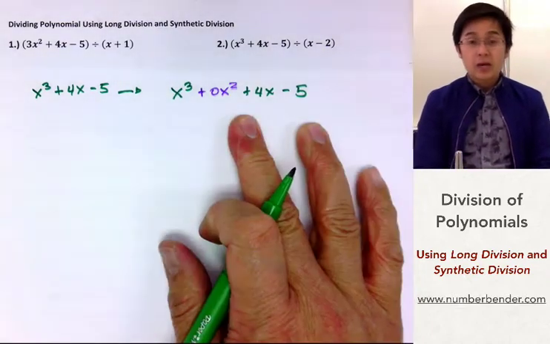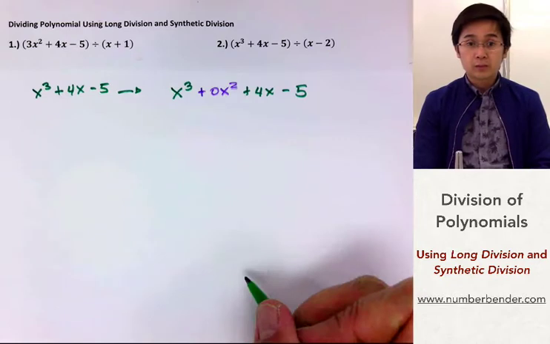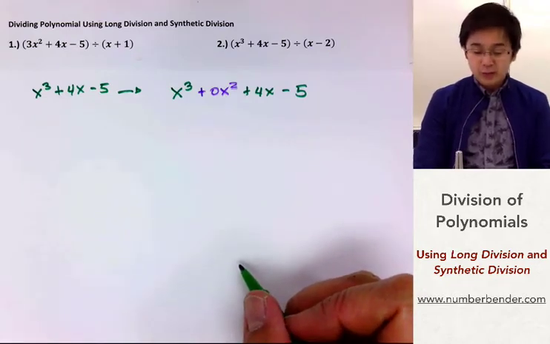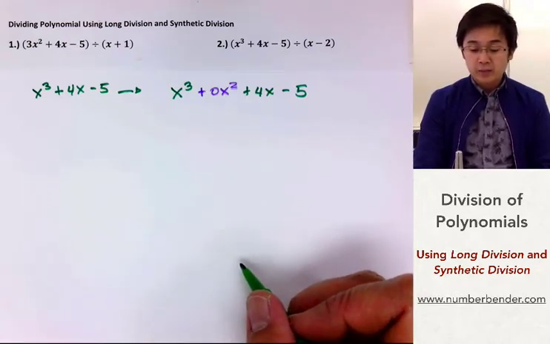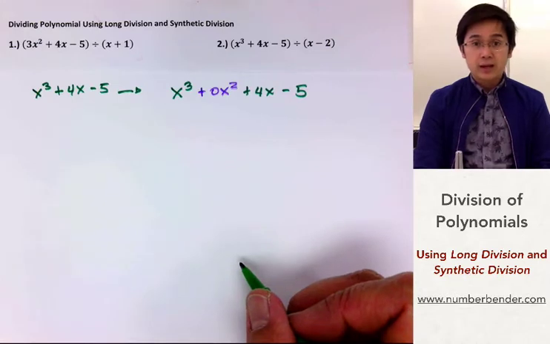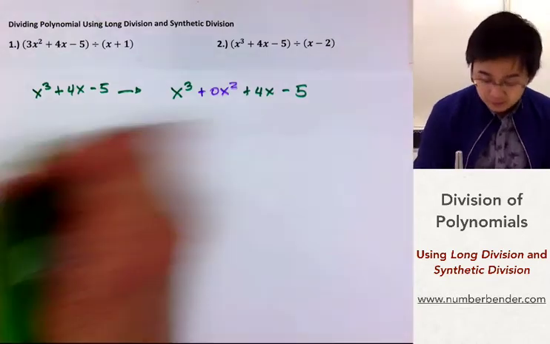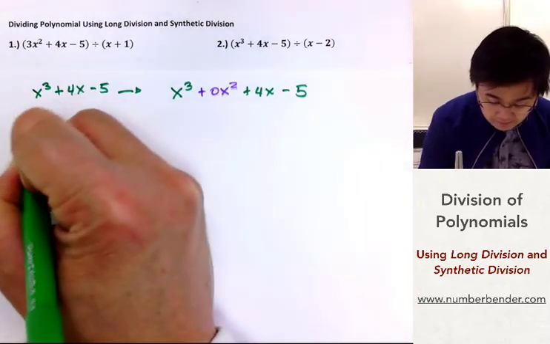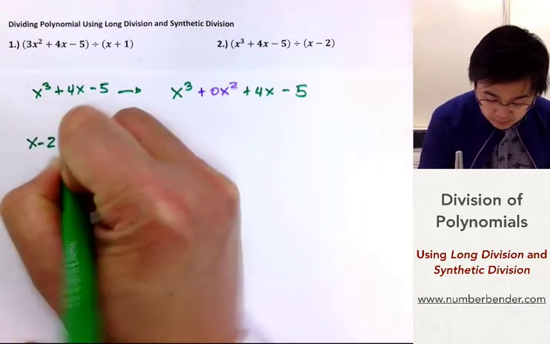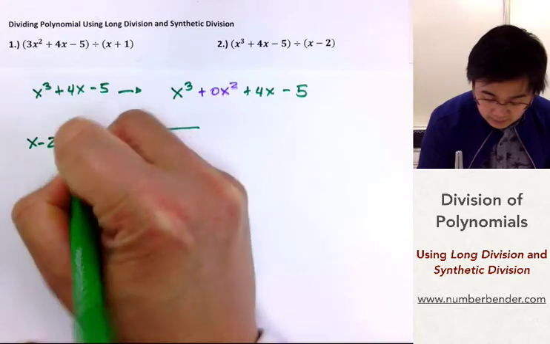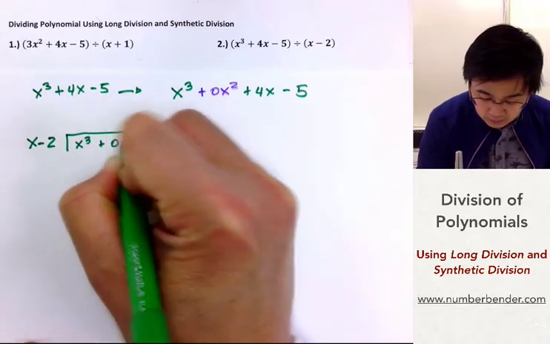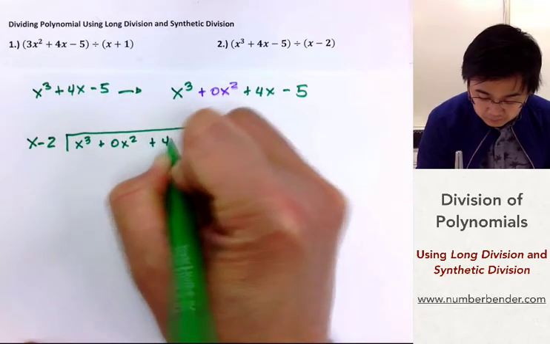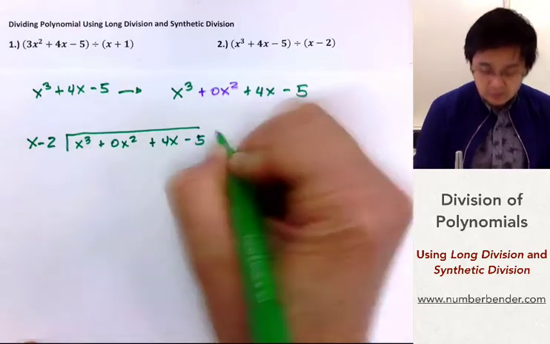So this will now be our new polynomial with a complete set of terms, and we're going to divide it using x minus 2 as our divisor, and we'll use long division for our first method. So let's divide it with x minus 2 and then x cubed, 0x squared, plus 4x minus 5.